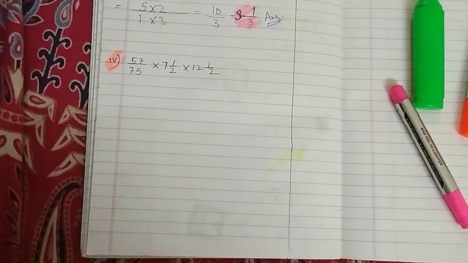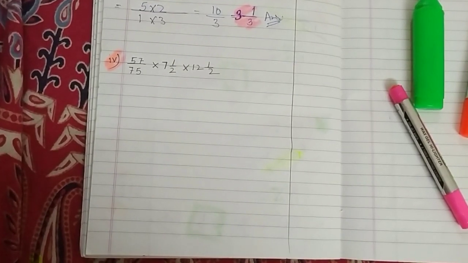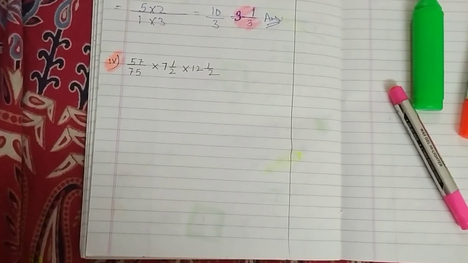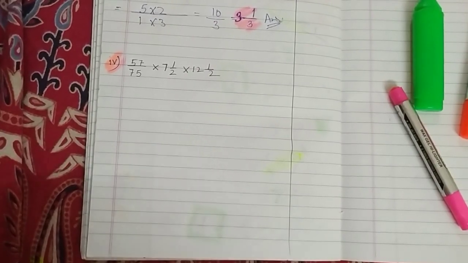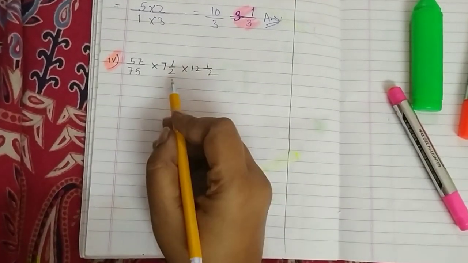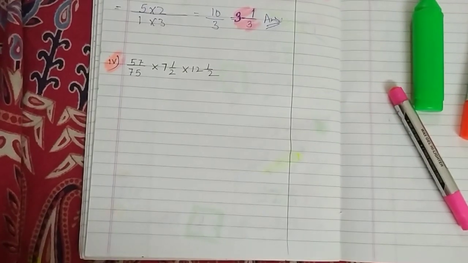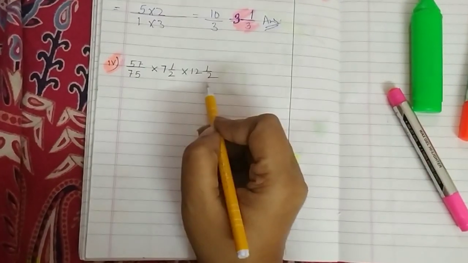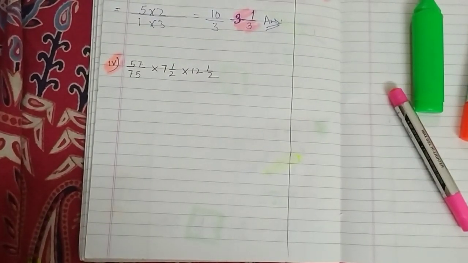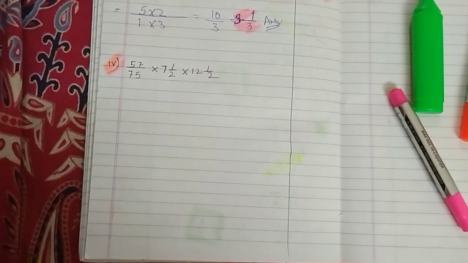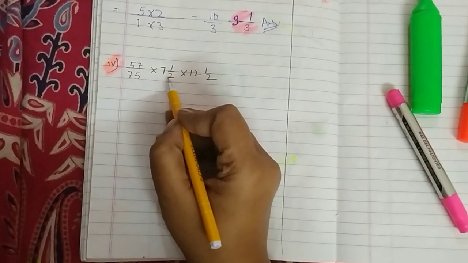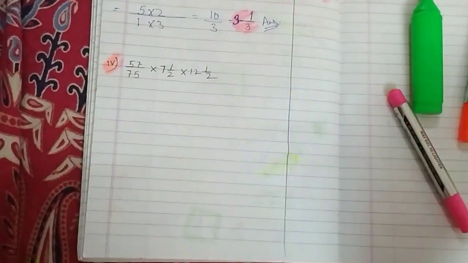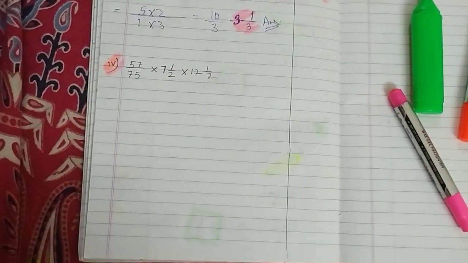Till now, we have multiplied 2 fractions together. Here, we are going to multiply 3 fractions together. Now, it is given in mixed fraction. So, first step is to change into improper fraction.